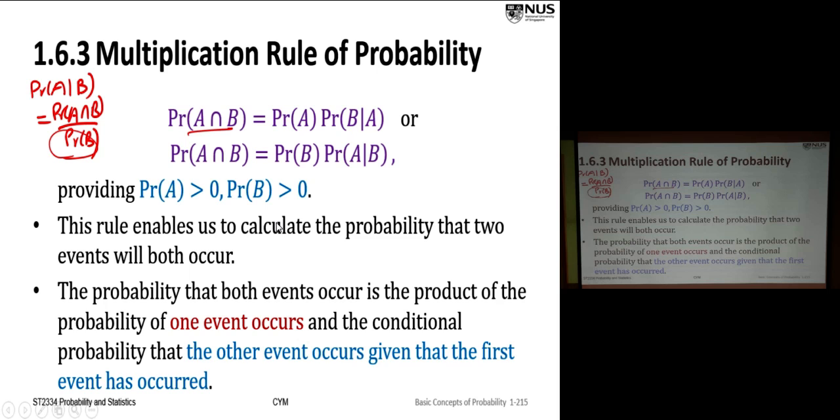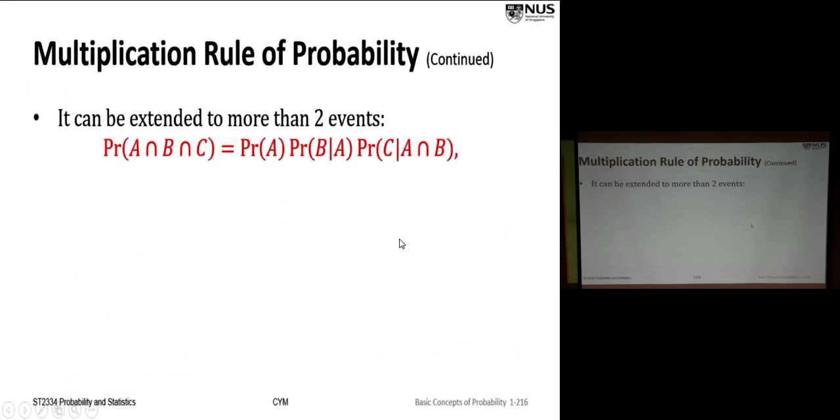This enables us to calculate the probability that two events both occur. Sometimes you may be confused about which one comes first: A first and then B given A, or B first and then A given B. In fact, it depends on the problem. There's no unique way to identify them.